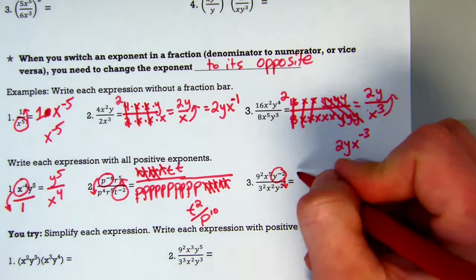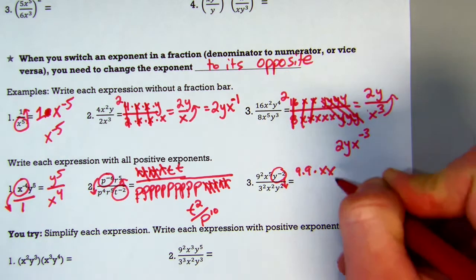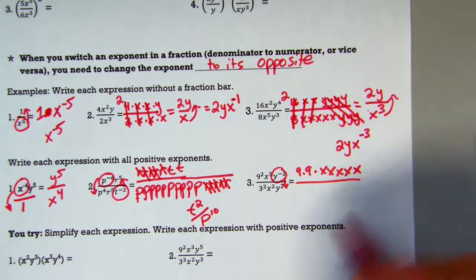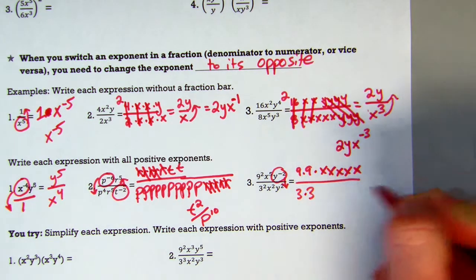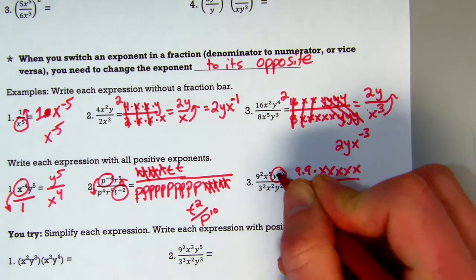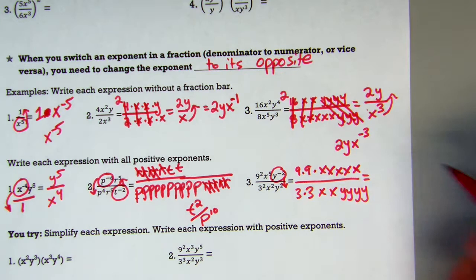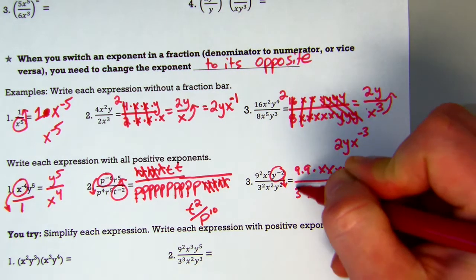Number 3. Down here. So up top I have 9 times 9. Then I have 2 y's to start, and then I brought down 2 more.